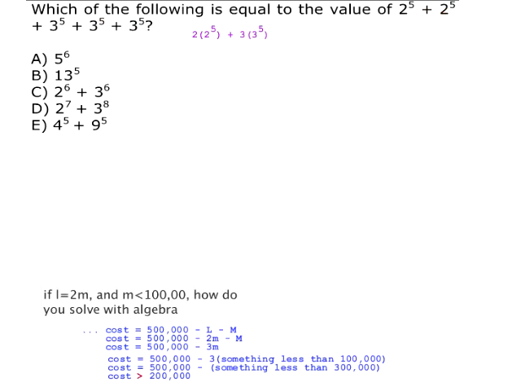But that's the same thing as 2 to the first times 2 to the fifth plus 3 to the first times 3 to the fifth. So then that's 2 to the sixth plus 3 to the sixth. Okay, that's fun. If you don't think of this immediately, what should you do?